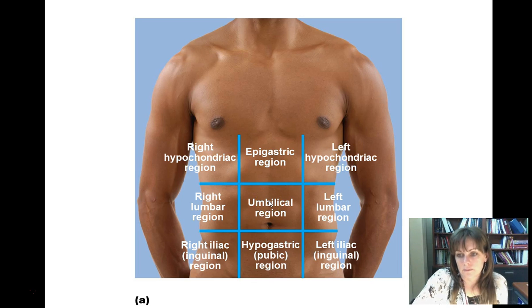So those are the 9 different regions of the abdominal area. And you should, again, look on page 9 of your textbook. There's an image there that will help you practice determining which organs are located in which of these regions.